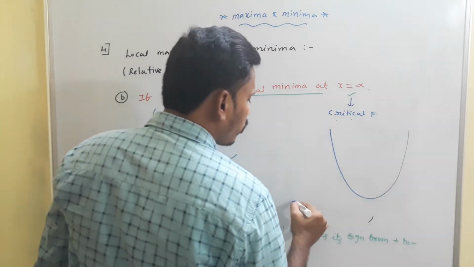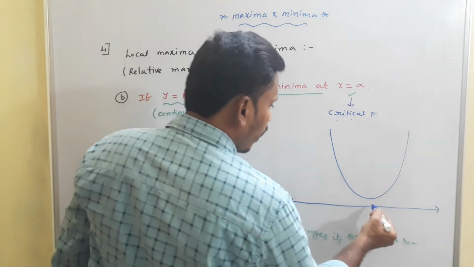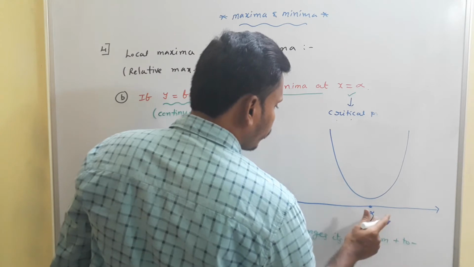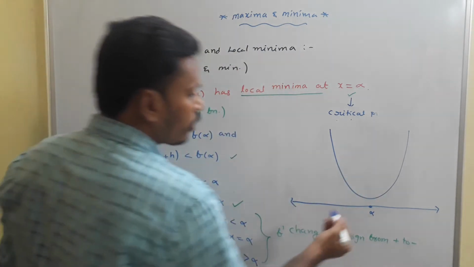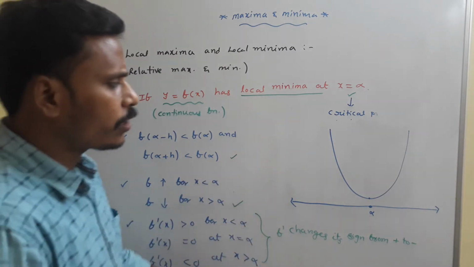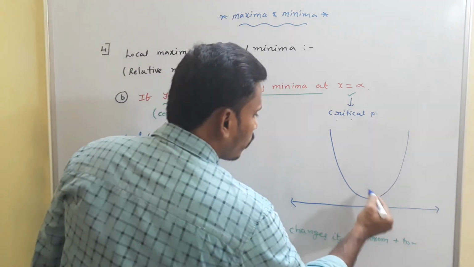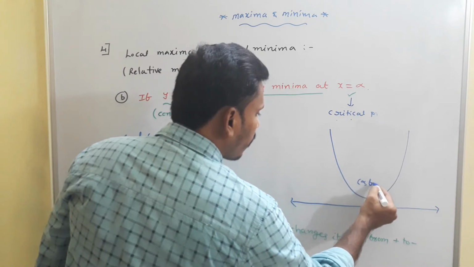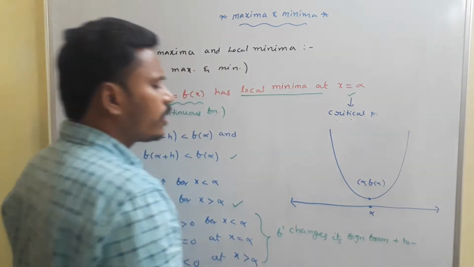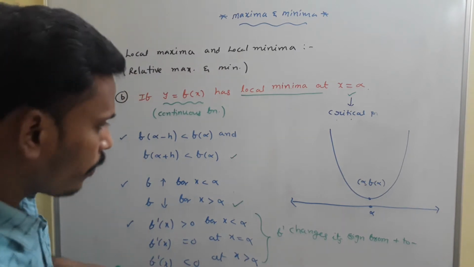And suppose you treat this as the x-axis, at x equals alpha it has local minima. See, the x-axis may be anywhere, just for our convenience I am representing it here. And this point is alpha comma f of alpha. In the same way, you just consider a small neighborhood of alpha, as we mentioned.